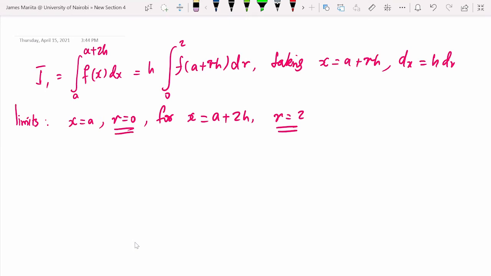So then I1 will be equal to h times the integral from 0 to 2.